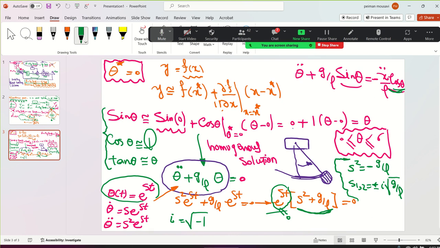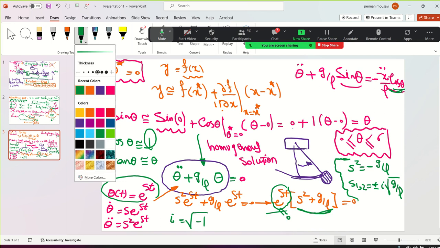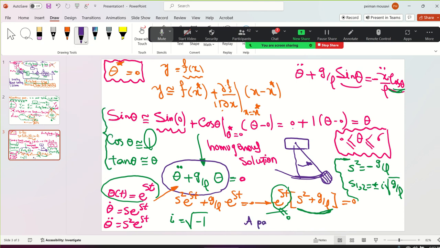So you have a pair of pure imaginary roots. You're going to hear these terms from me in this course a million times. Later, we're going to call these the poles of the system in the control class. A pair of pure imaginary poles.